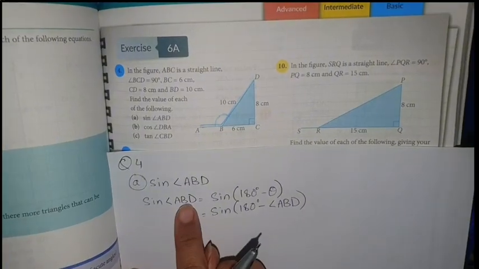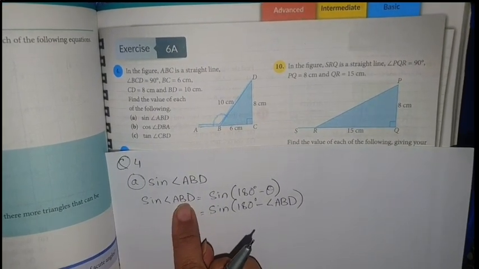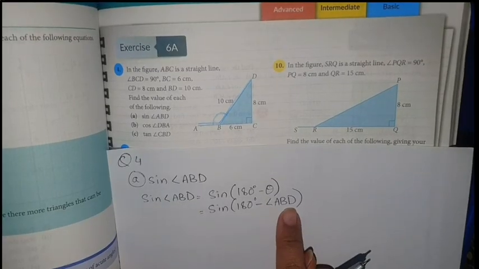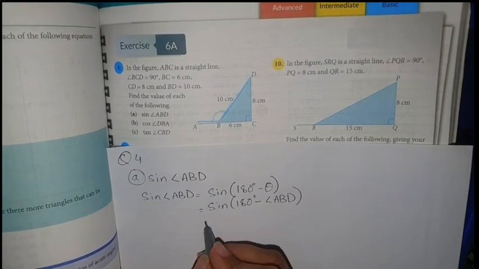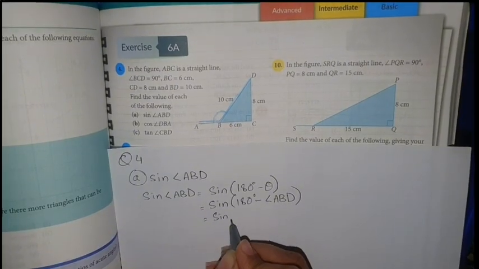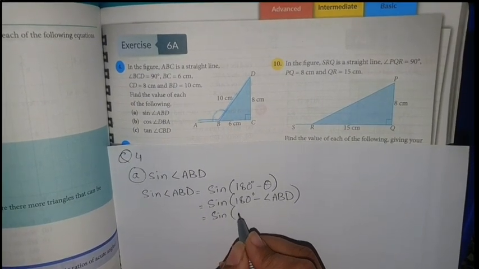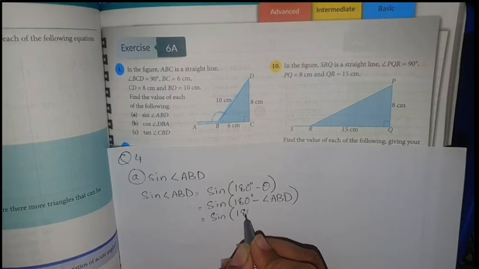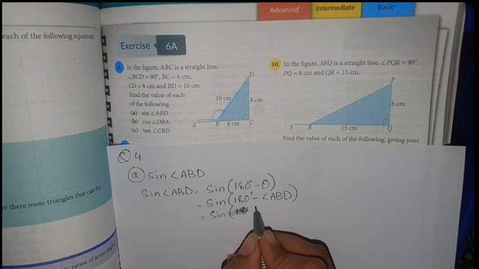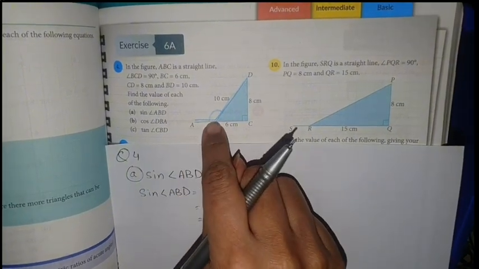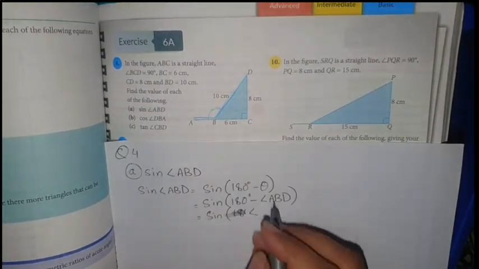Instead of a value, for example 120 or 130 degrees, I have to use the name of the angle because the value is not mentioned here. So sine of 180 degrees minus angle ABD would be equal to sine of angle BCD. Sorry, CBD.